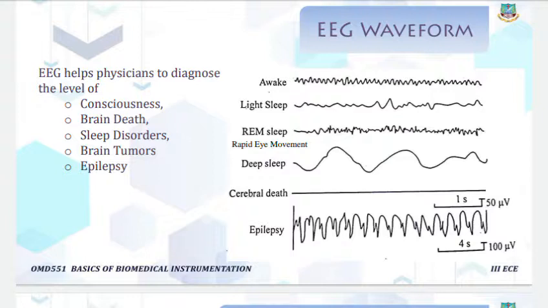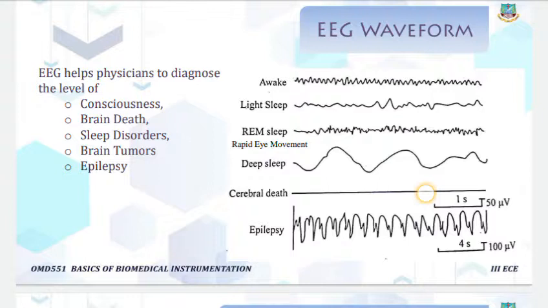During the awake condition, the first waveform is generated. During light sleep, this type of waveform arises. If we have sleep with rapid eye movements, this type of waveform occurs. If we are in deep sleep, this type of waveform occurs. And what is cerebral death?